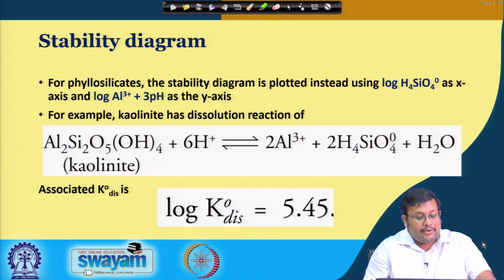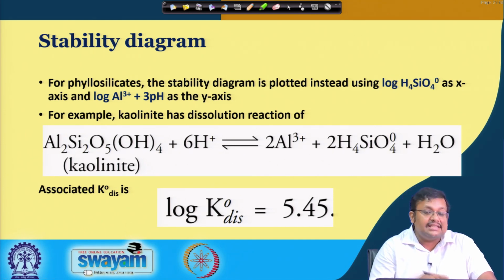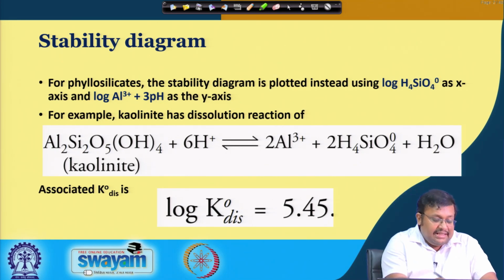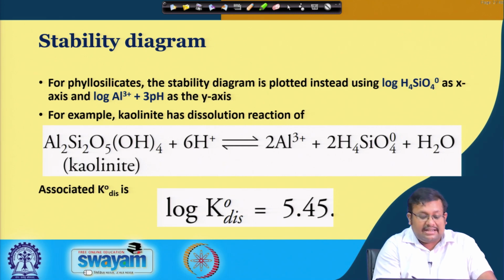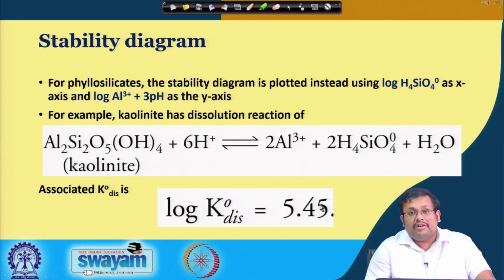Okay. So, for phyllosilicates, the stability diagram is plotted with log silicic acid on the x axis and log Al3+ plus 3 pH as the y axis. So, you can see this is the kaolinite when it is reacting with the acidic environment with the protons, it is producing the Al3+ and silicic acid and H2O, and the associated Kd is basically 5.45.